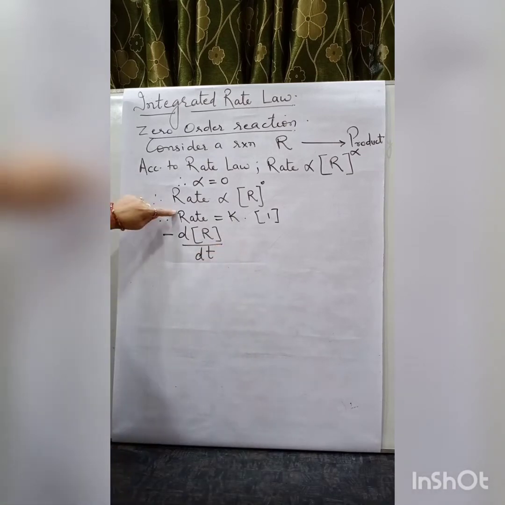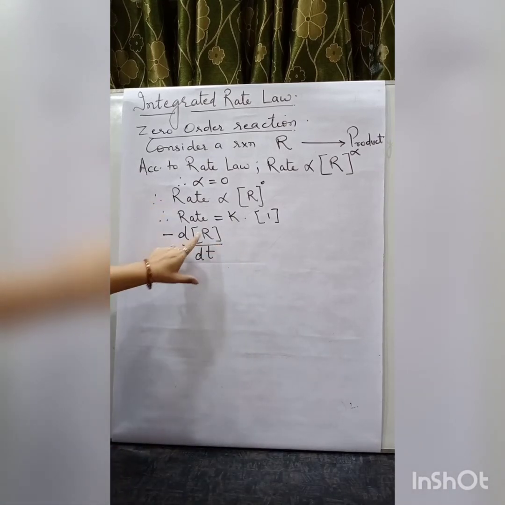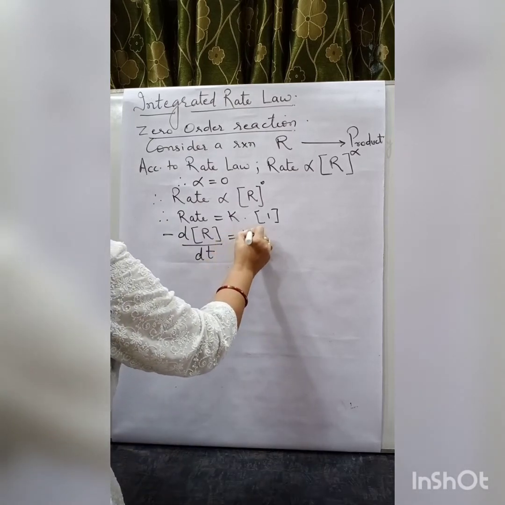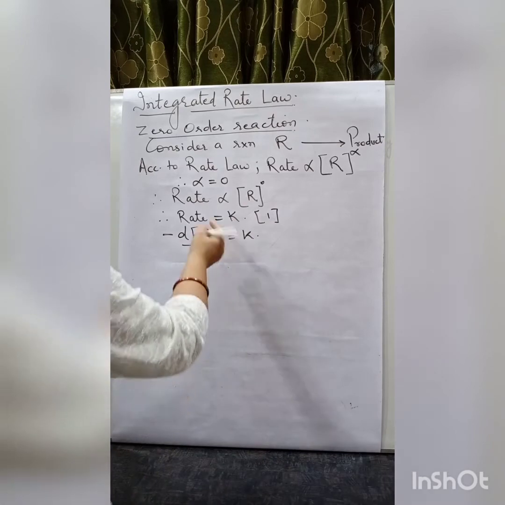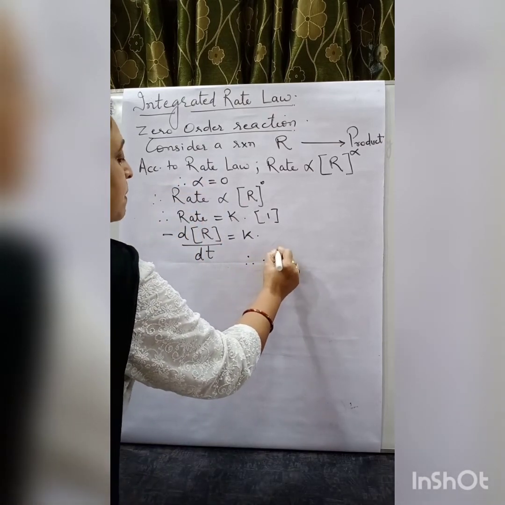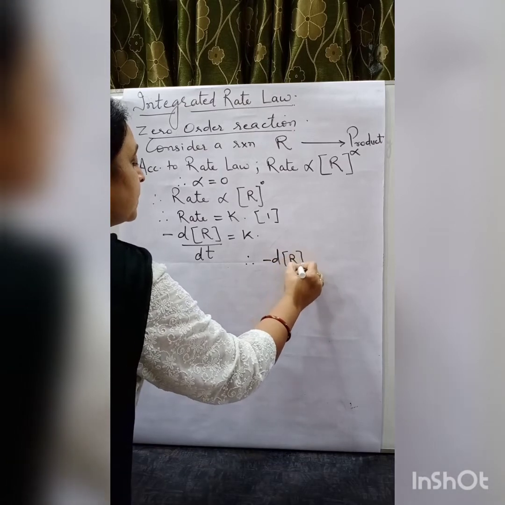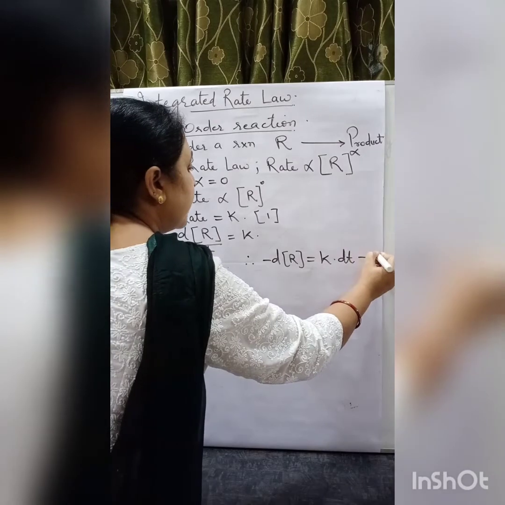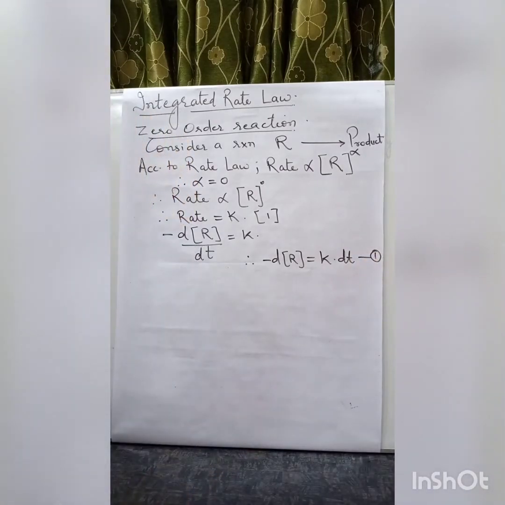So how do we define this rate? Minus dR by dt is equal to K. Now take dt on this side. Therefore minus dR is equal to K into dt. Let this be equation number 1.